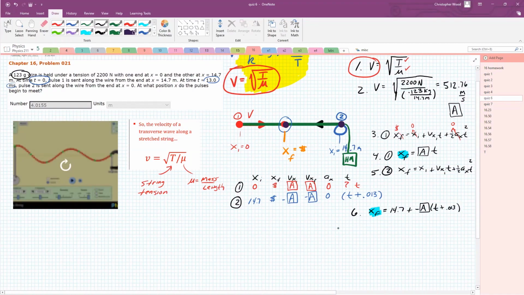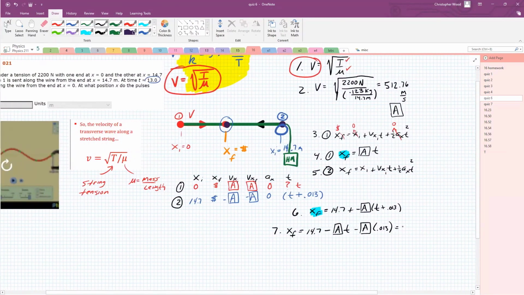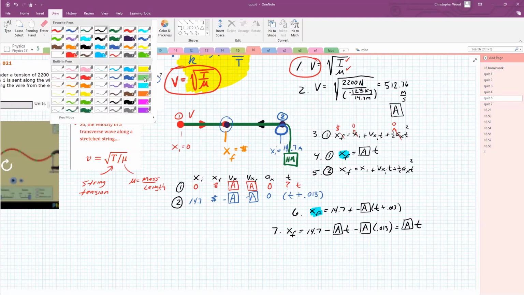I guess that's it. So for pulse number 2, I have the following. X final equals 14.7 minus memory location AT minus memory location A times 0.013. And that equals the X final from pulse 1, which was A times T. All right, so again, let me make sure.